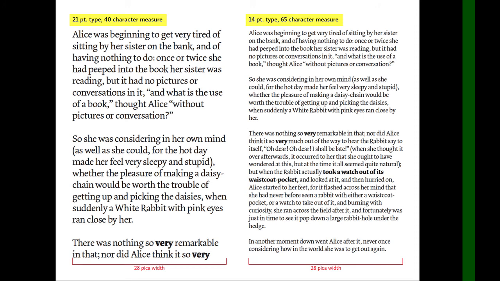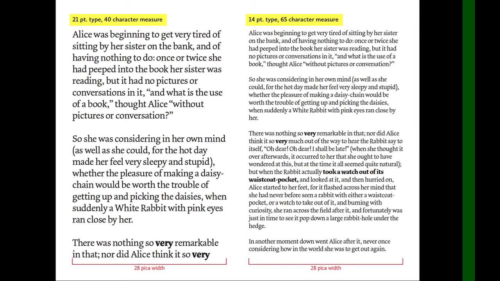We can fit 40 characters on the average line at 28 picas wide. So the actual hard measurement, if we laid a ruler across this column, would be that it's 28 picas wide.